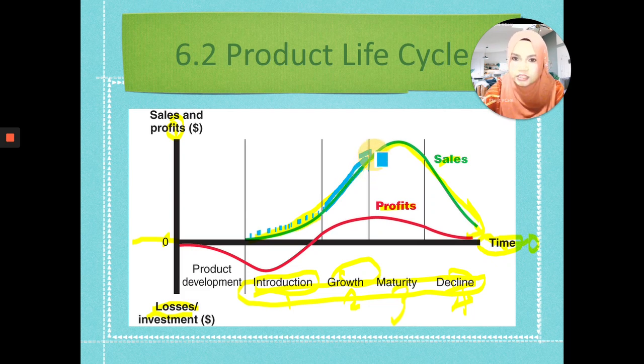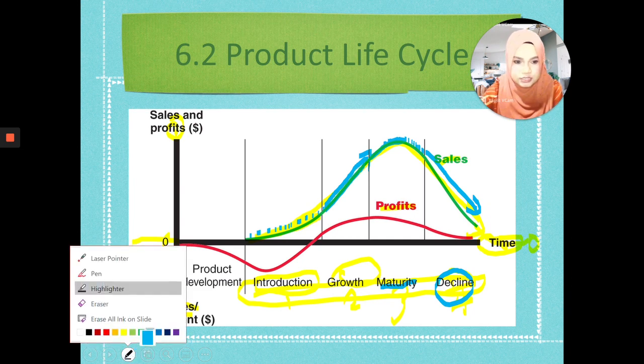It continues to grow until the trend starts to slow down and the sales are no longer going up. That is when the product has entered the maturity stage. Normally at the end of the maturity stage, sales start to slowly go down. And at the decline stage, sales go down rapidly, or very fast.